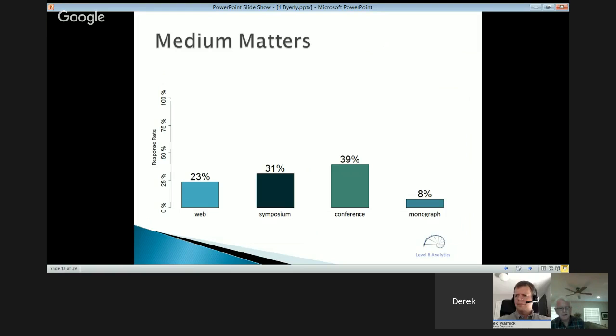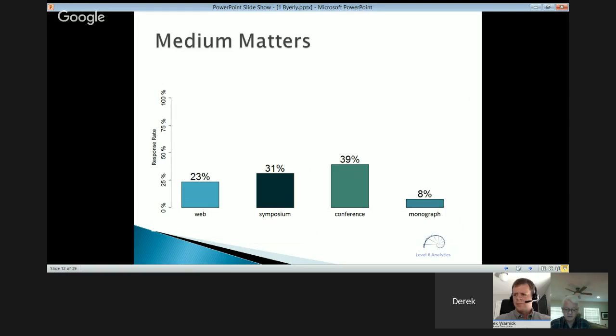The medium mattered. I learned that the medium by which the material was presented is an important thing. More specifically, I think it's the level of engagement and interaction with the learner that matters. So I categorized the learning method as a monograph, where people were just sent something via email or via the post, conference data, a symposium, which is an hour or two thing like a Grand Rounds that they were doing, or a web-based event.